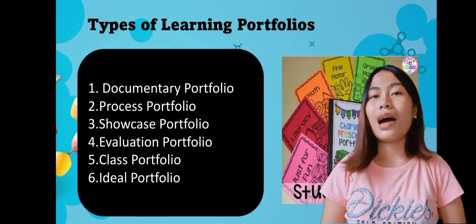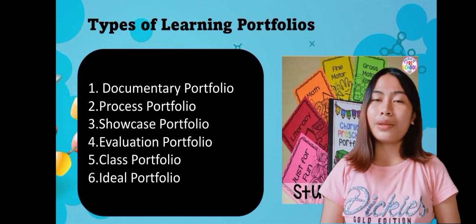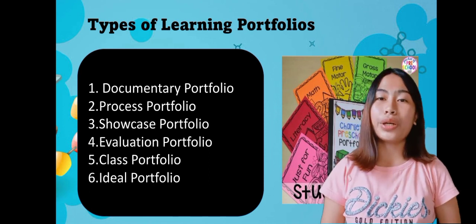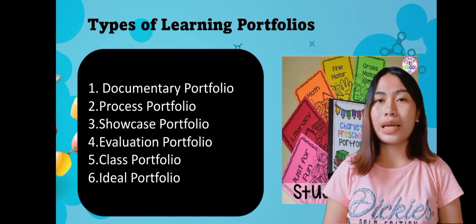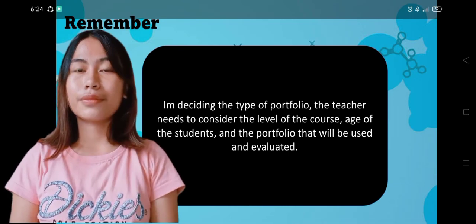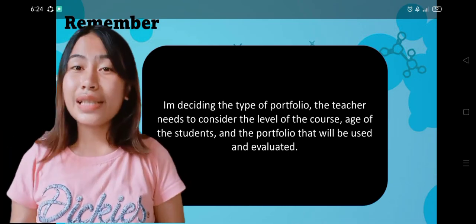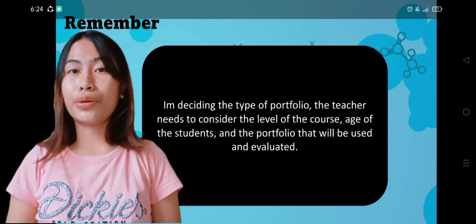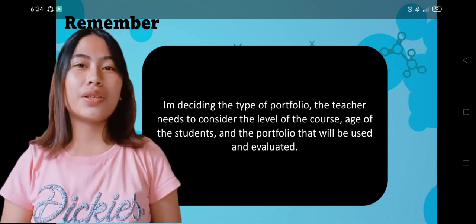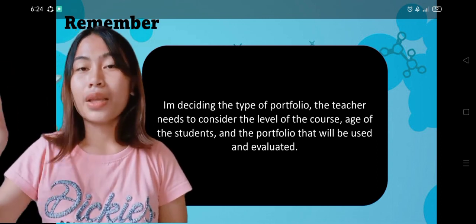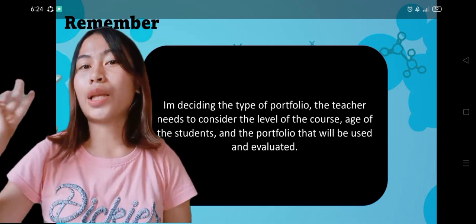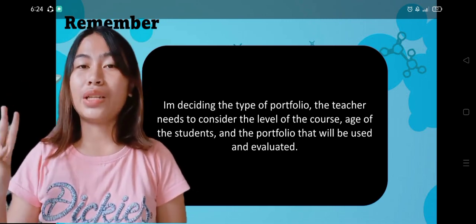And lastly, ideal portfolio. This contains all the work a student has completed. Remember, in deciding the type of portfolio, the teacher needs to consider the level of the course, the age of the student, and the portfolio that will be used and evaluated.